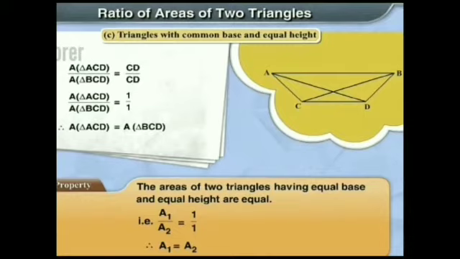because equal base and equal height, so both will get cancelled. So therefore, area of triangle ACD is equal to area of triangle BCD.